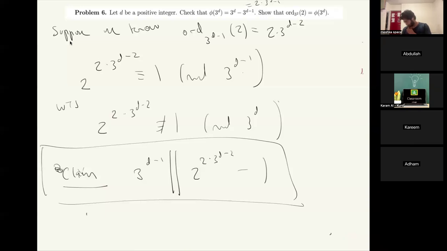This is right. So yeah, it's equivalent to 3 to the d minus 1 fully divides this one or this one.